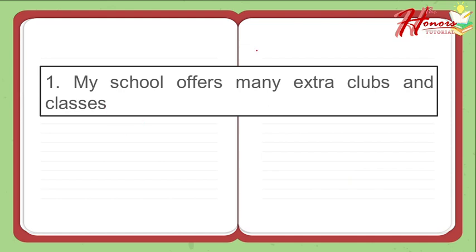Okay, the complete predicate is offers many extra clubs and classes because it tells something about the subject, which is my school. But now, let's identify where is the simple predicate in this complete predicate. What is the main verb? Very good. The correct answer is offers.